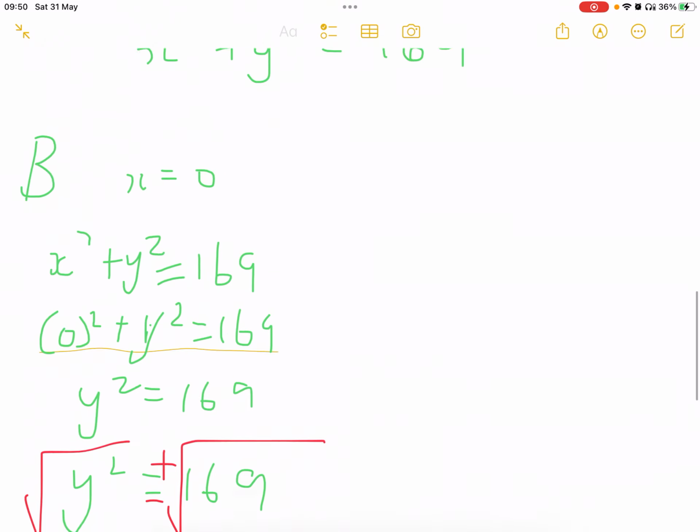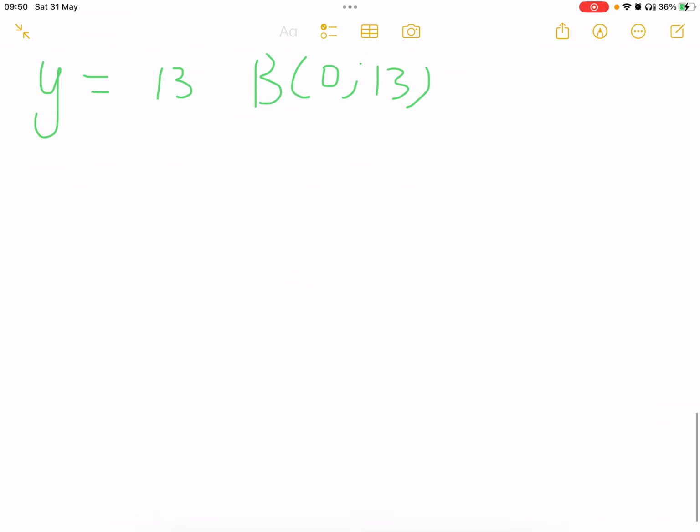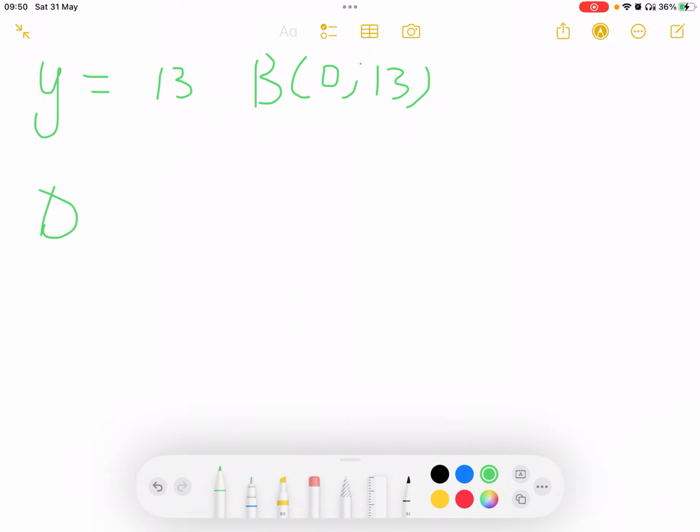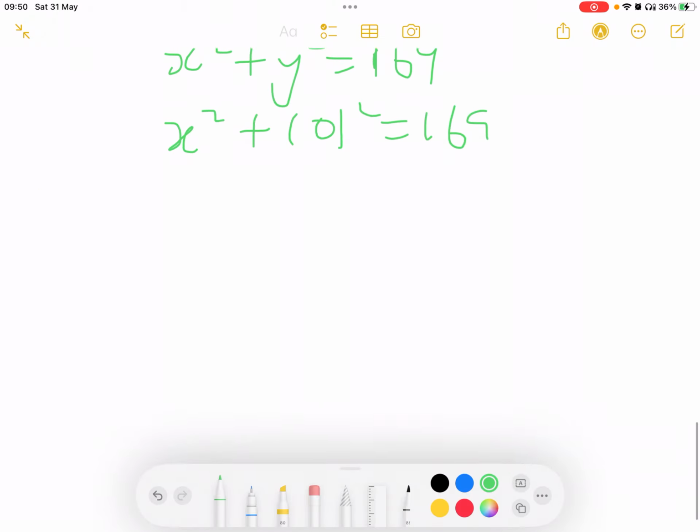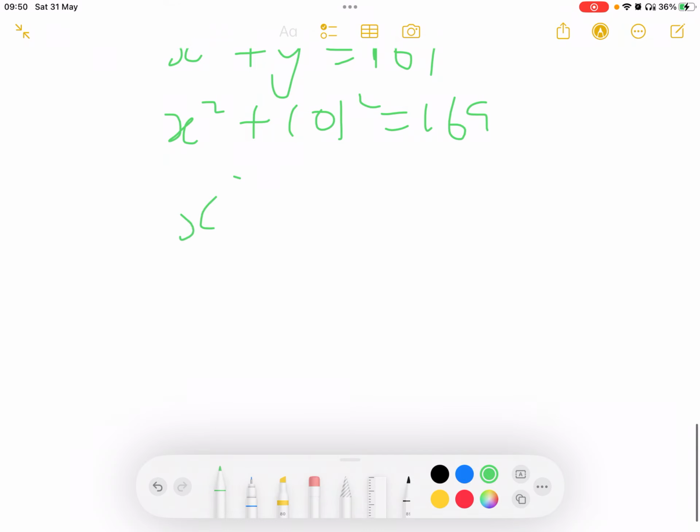Next up, you're looking for D. Now, with D, that's where y is equal to 0. Same thing: the equation is x squared plus y squared equals 169, so x squared plus 0 squared equals 169. You simplify it to say x squared equals 169.